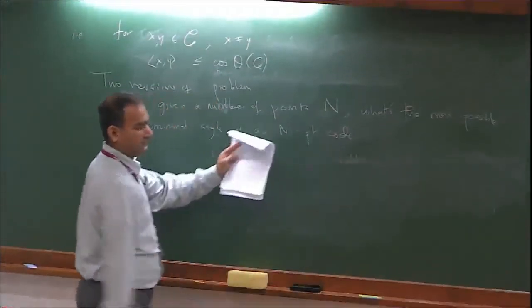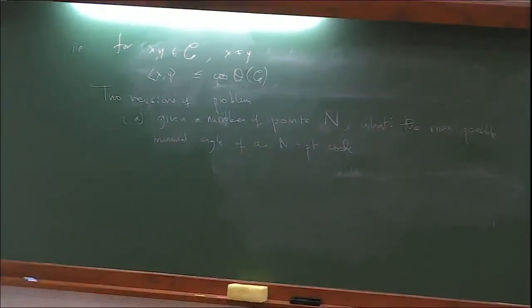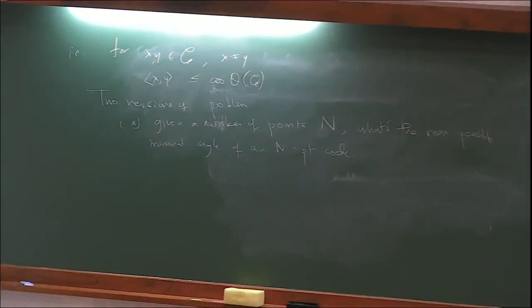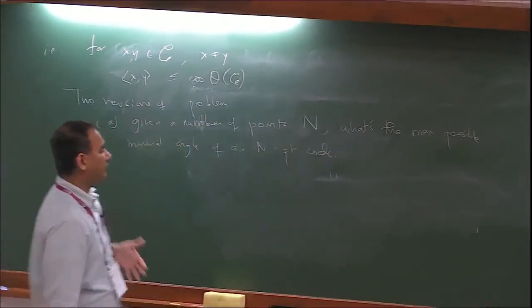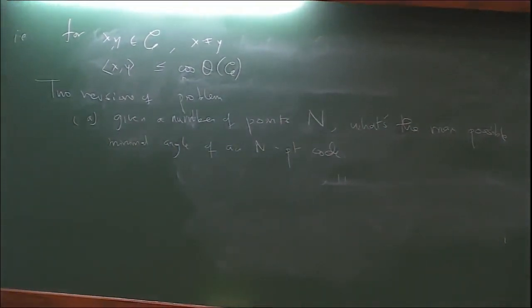In the compact case, obviously, being discrete is equivalent to being finite, so you're only considering finite collections of points. If you fix a number of points, you try to maximize how far separated they are.